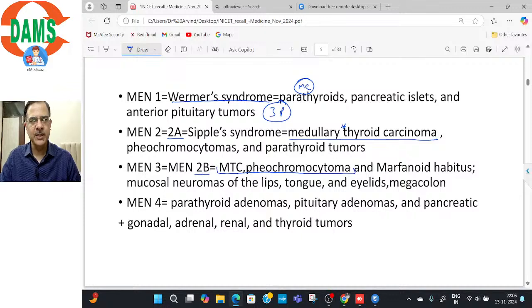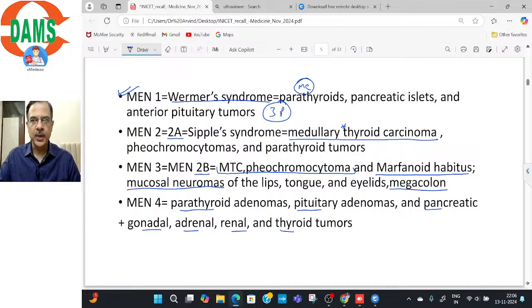The first 2 features are the same as 2A, but characteristically it has marfanoid habitus, mucosal neuromas, as well as megacolon. MEN4 is equal to MEN1 plus other tumors. Tumors of parathyroid, pituitary and pancreas are present, same as MEN1, along with gonadal, adrenal, renal or thyroid tumors.